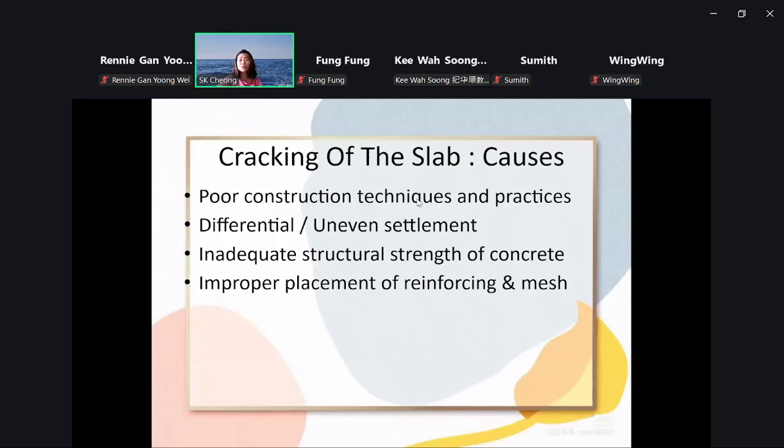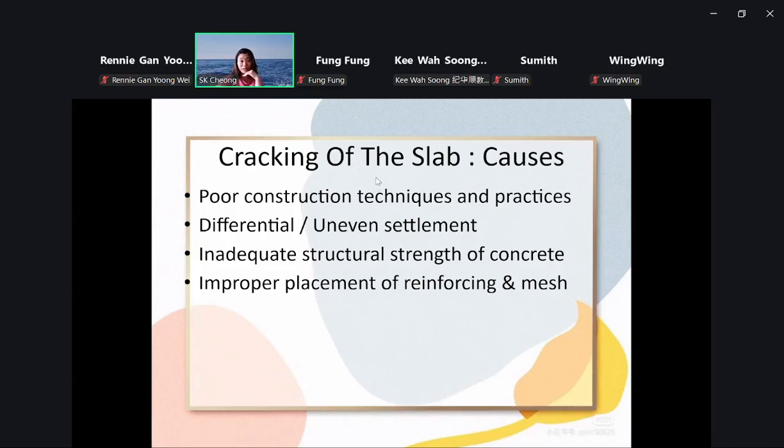Poor construction techniques, no QA, QC to check on that. So uneven settlement and inadequate strength of the concrete, or like what you have learned in BC1, the cube test, the concrete tests are not up to requirement, right? So the reinforcement bar also substandard or not properly placed.